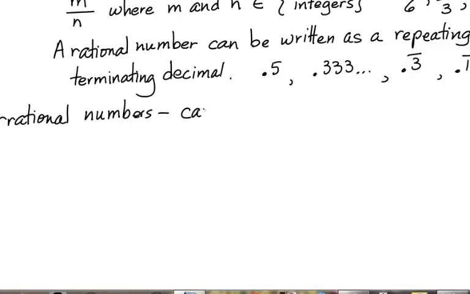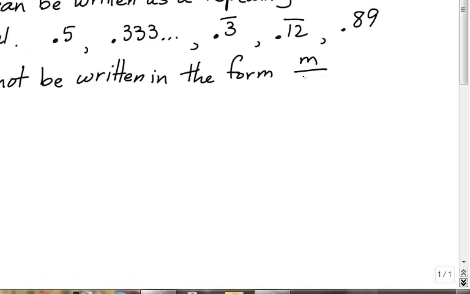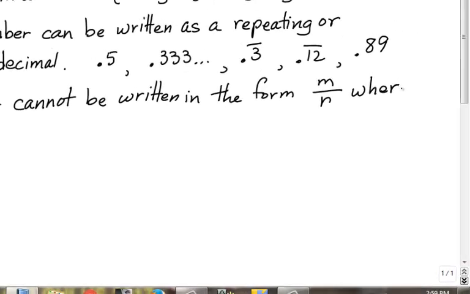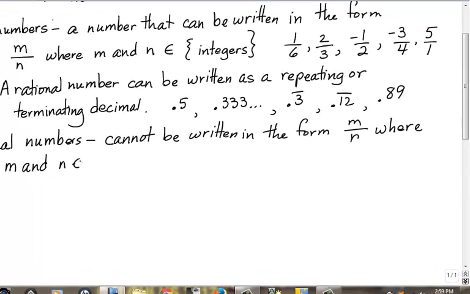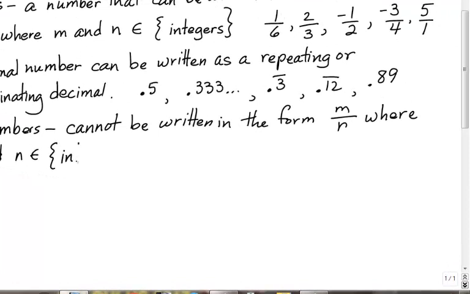And these are numbers that cannot be written in the form M over N, where M and N are elements of the set of integers. So no matter how hard you try, you cannot write an irrational number in that form.